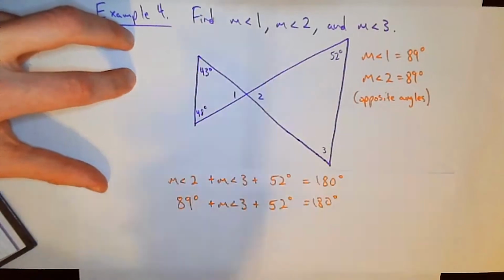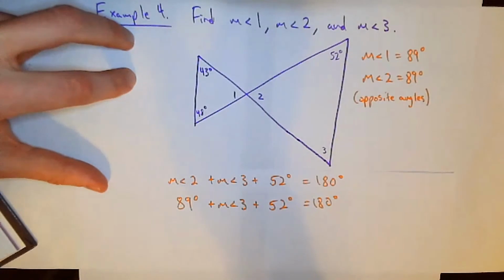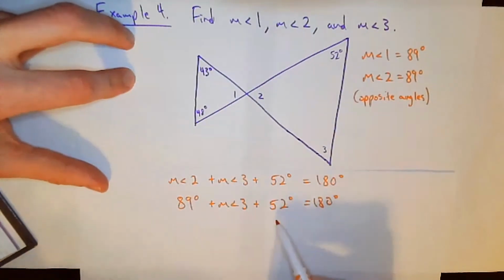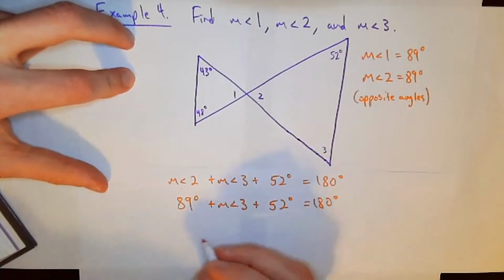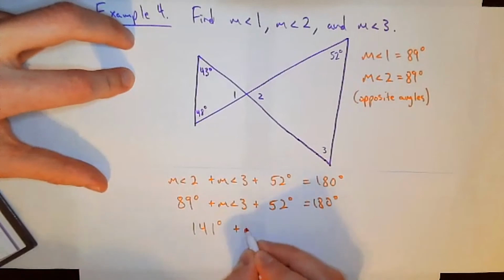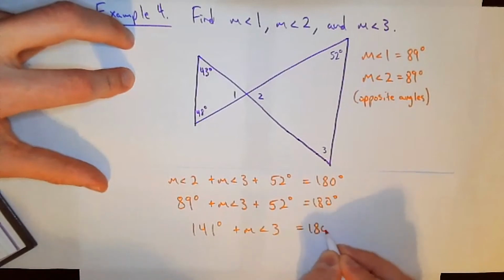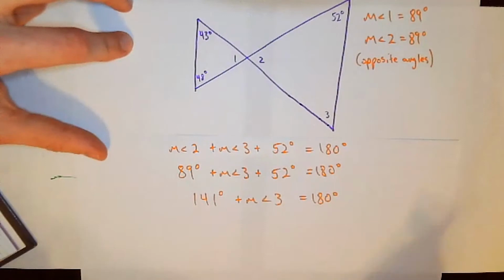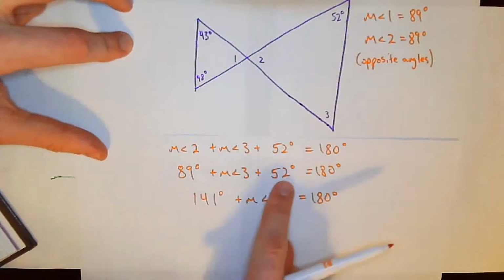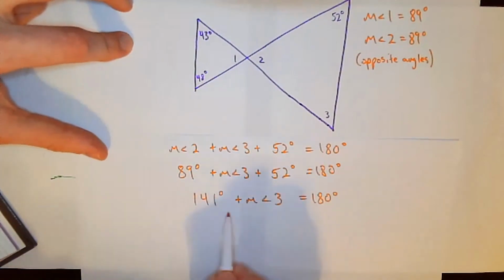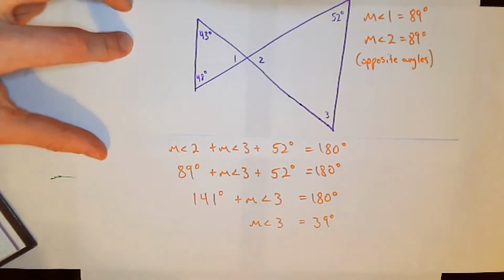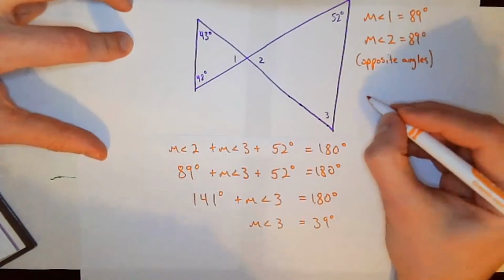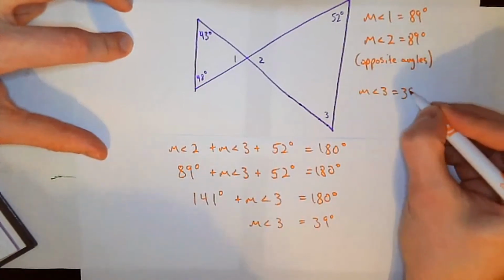Adding these two together, that's 141. So 141 degrees plus measure of angle 3 is equal to 180 degrees. Now I'm going to subtract 141 from both sides, and I'm going to get 39 degrees. So measure of angle 3 is 39 degrees.